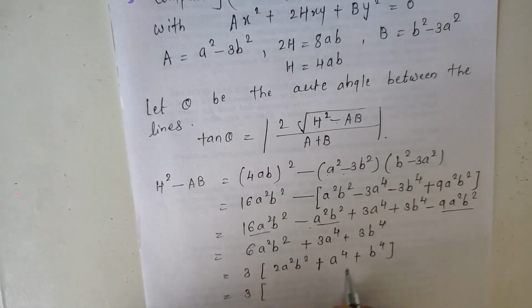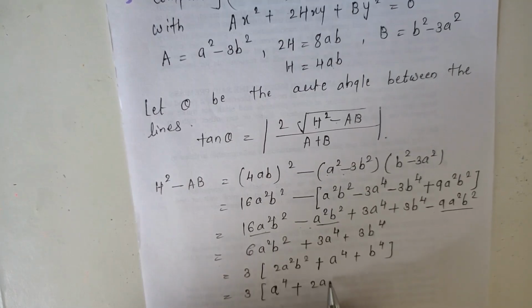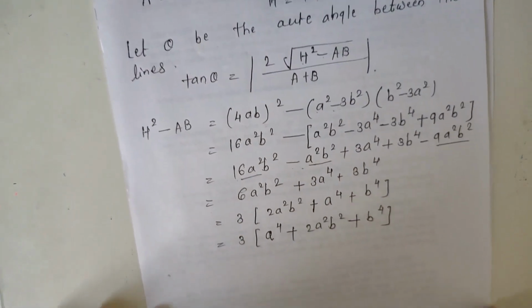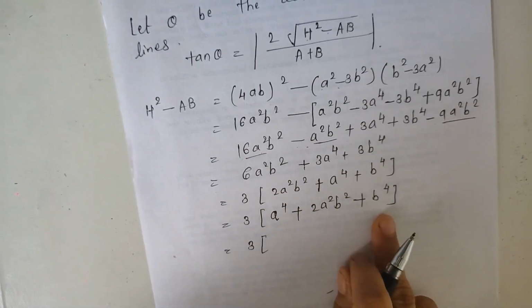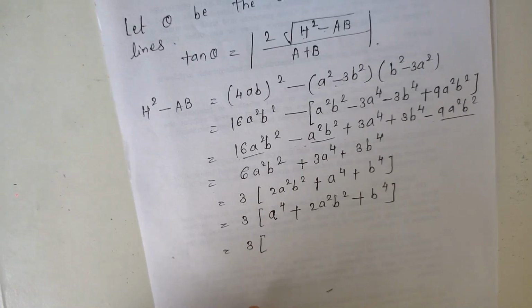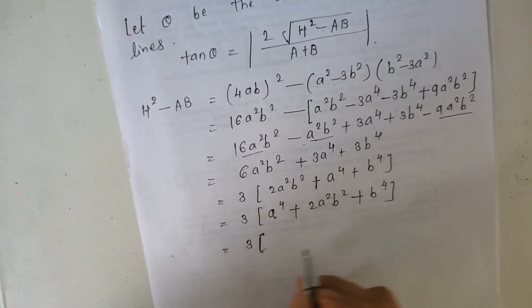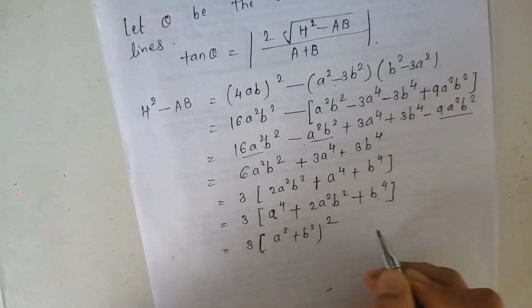Now rearranging the terms, a raised to 4 is the first term, plus 2a square b square is the second term, plus b raised to 4 is the third term, in this way. Then by observing, this is the expansion of a square plus b square, bracket square. So we can write a square plus b square, bracket square.